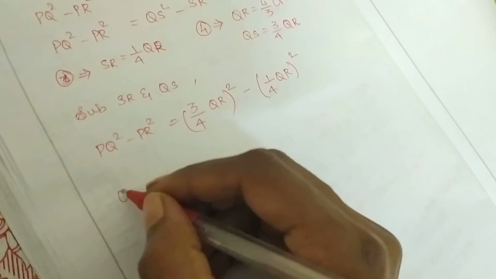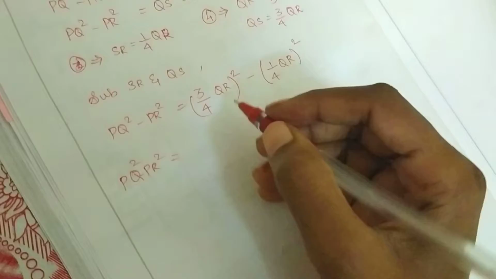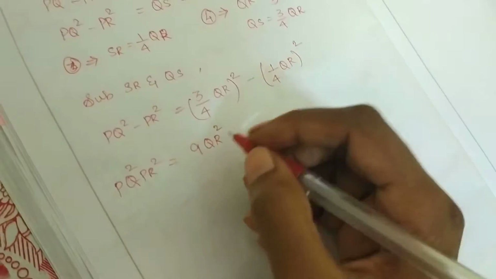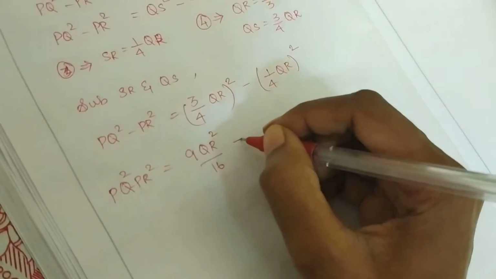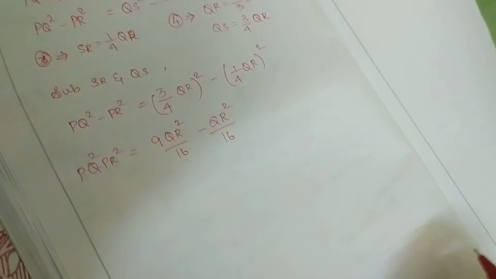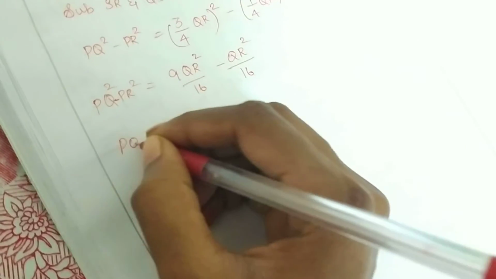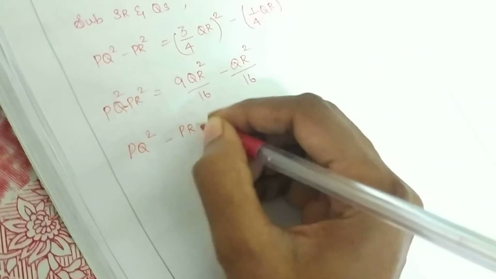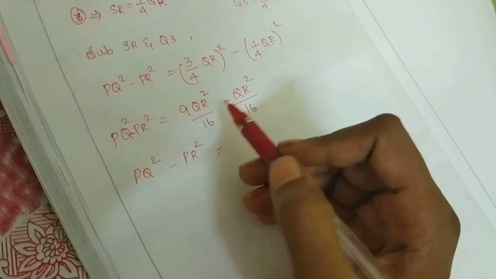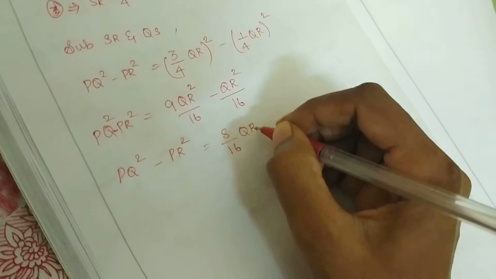So PQ square minus PR square equals 9 QR square by 16 minus QR square by 16. Are you clear? The denominators are the same, so I can subtract: 9 minus 1 gives 8 by 16 QR square.